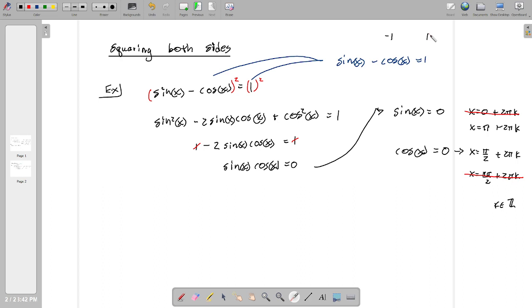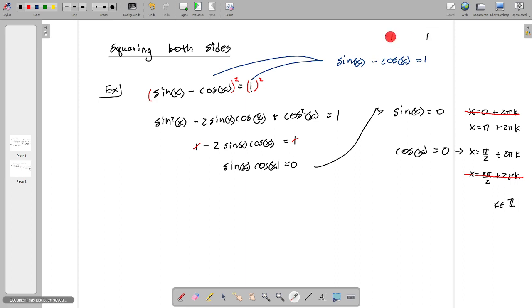So when we square both sides, the negative goes away. But when we look at the original problem, the negative hasn't gone away yet. So that's why when we square both sides, we introduce these extraneous solutions, because they are negative versions of correct answers. If we had plugged in something and it came out to be positive 1, then it would have been a solution.